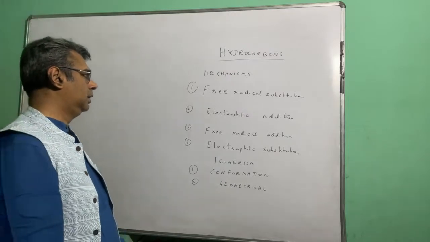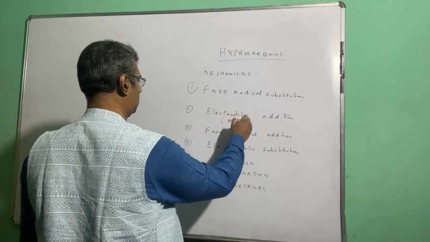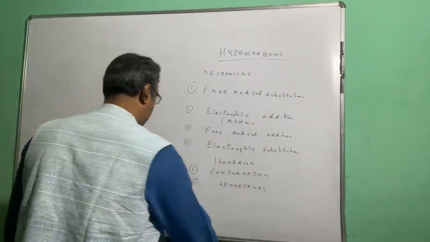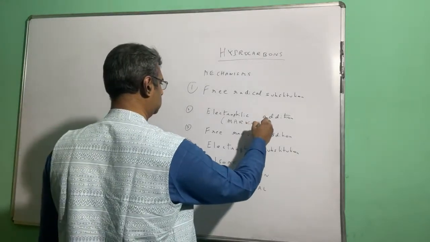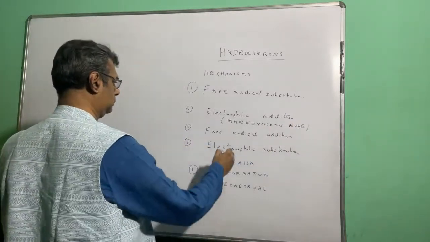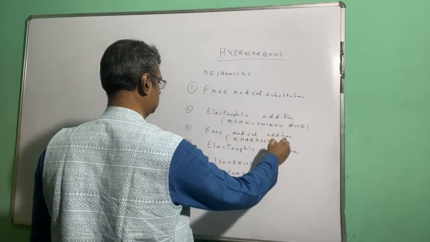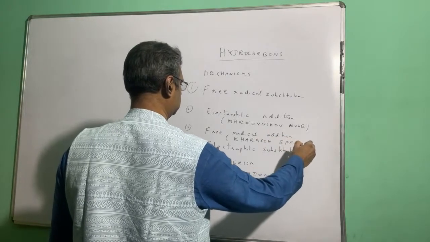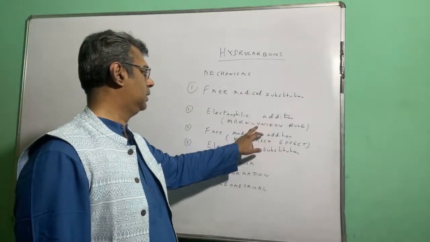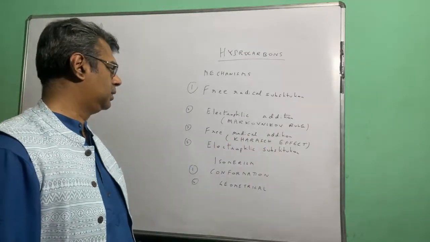Now, the thing is that electrophilic addition is also called Markovnikov rule, and free radical addition is also called Kharash effect.